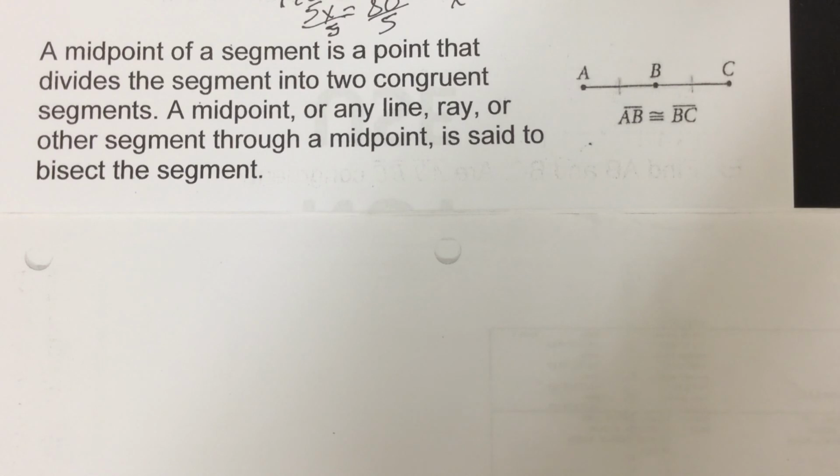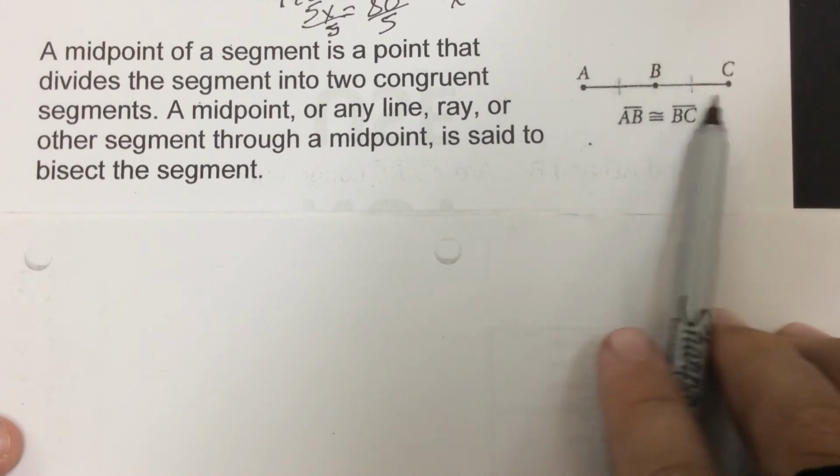If it is something else, usually we'll call that the bisector, because it's going to split that segment in half. Bisect means to cut in half. Okay. So like here, point B is the midpoint, so it's going to split AC in half, so that AB and BC would be congruent. And again, notice we have little tick marks also showing congruence there.